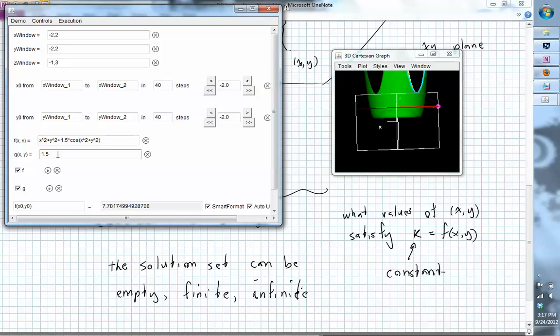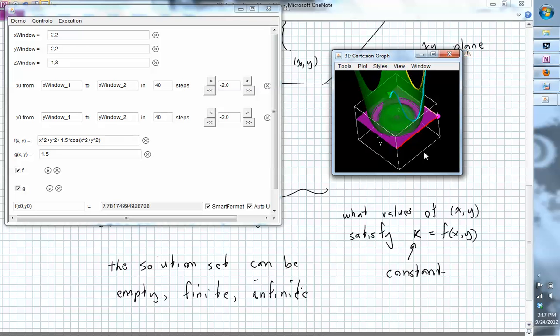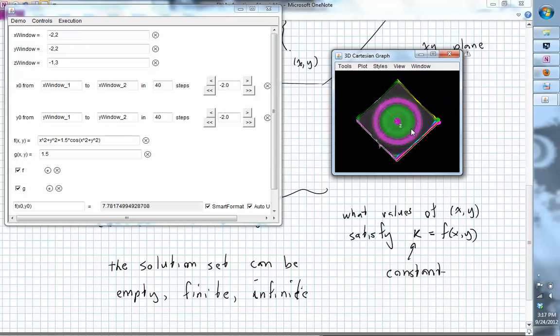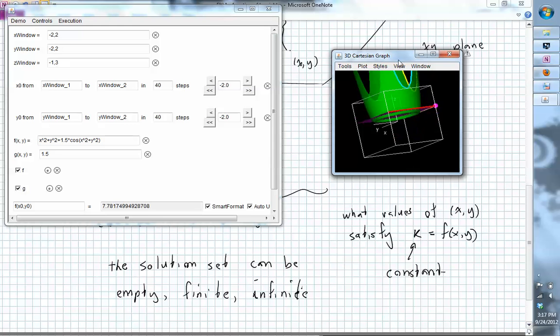Where's that going to put the plane? Right at the peak of those oscillations, possibly with a little bit of extra stuff built in from the x squared plus y squared. So if you look at that, yep, I get concentric circles.